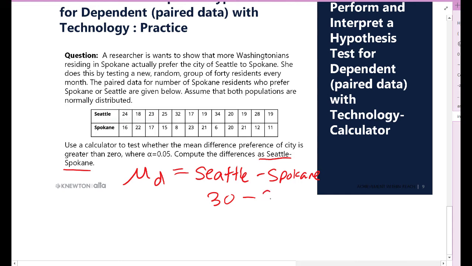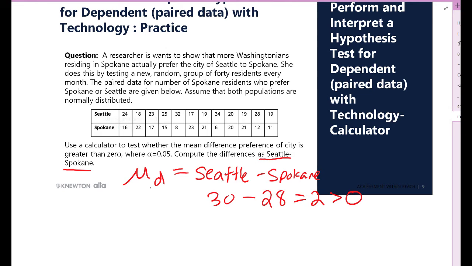I'm just making up a number, 28, let's say. So if Seattle is more than Spokane, this difference is a positive 2. Keyword is positive. So this 2 is greater than 0. Whenever we're trying to test if Seattle is more than Spokane, we're actually testing whether mu d, the mean of the differences, is greater than 0.